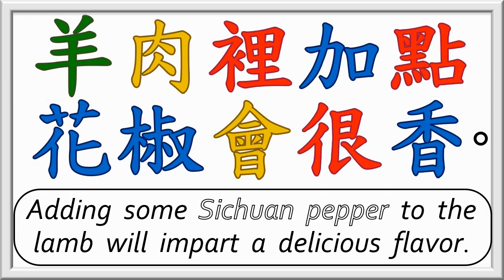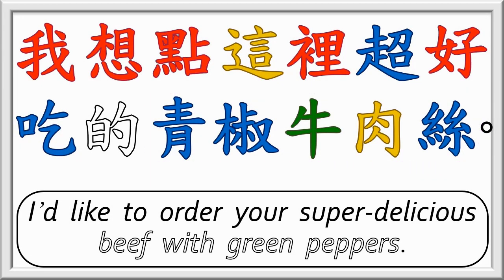Adding some Sichuan peppercorns to the lamb will impart a delicious flavor. 我想点这里超好吃的青椒牛肉丝. I'd like to order your super delicious beef with green peppers.